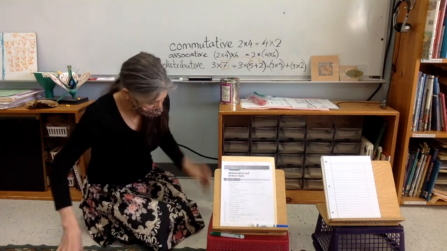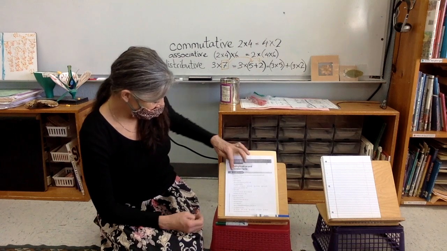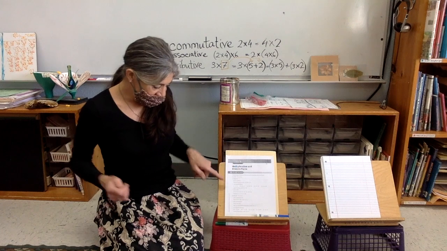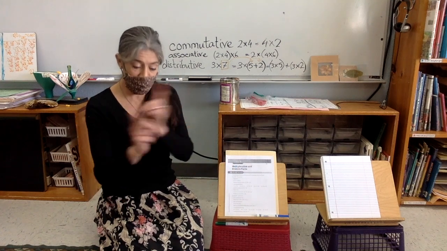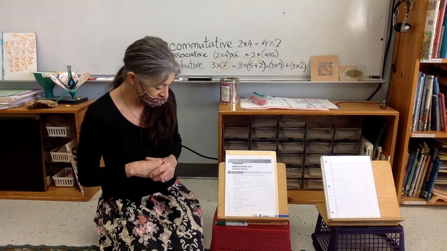Okay. There are many strategies you can use to solve multiplication and division. You can skip count, so for 5 times 6, I would do the commutative property and just do 6 5s: 6, 12, 18, 24, 30, okay?